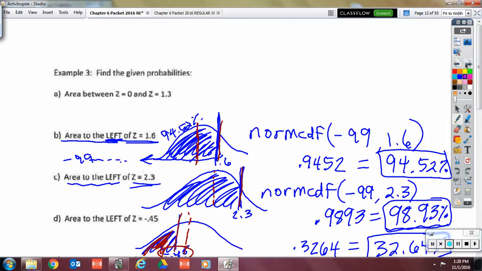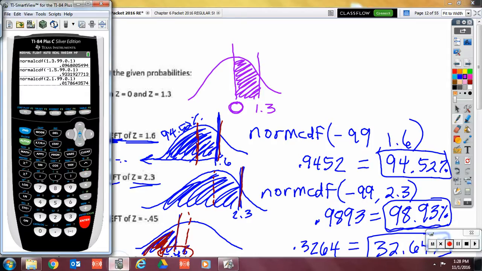Try the area between a z-score of 0. Where is a z-score of 0? The mean. The mean is a z-score of 0. And then we go up to 1.3, and we are wanting the area in between those two. So we're going to be putting norm CDF.